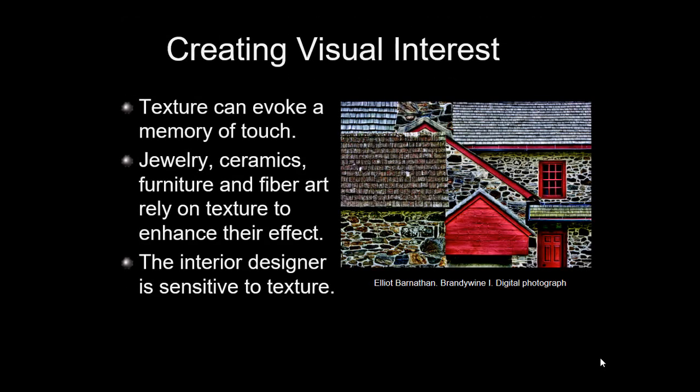So when it comes to texture, we can create it in different ways. If you look at the example here, there's textures being created by the different repeated patterns with the different lines. There are lines within the lines. There is a type of texture being created by the varying changes in color.